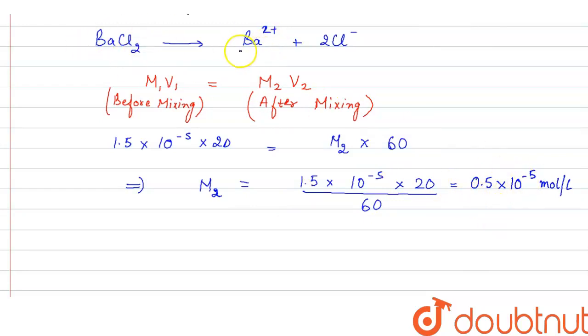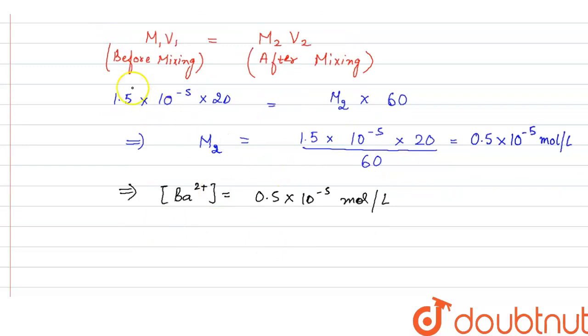So the concentration of barium 2 ion will be the same. So from here we can say that concentration of barium 2 positive ions is equal to 0.5 into 10 raised to the power minus 5 mole per liter, right?